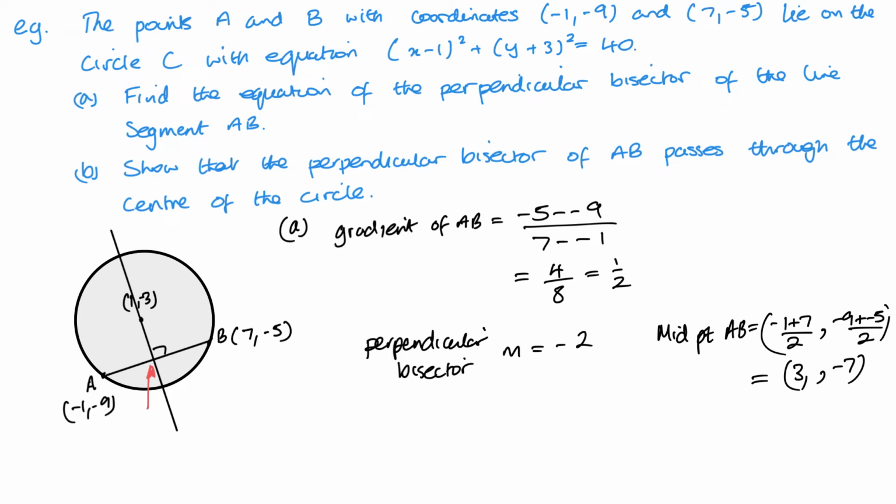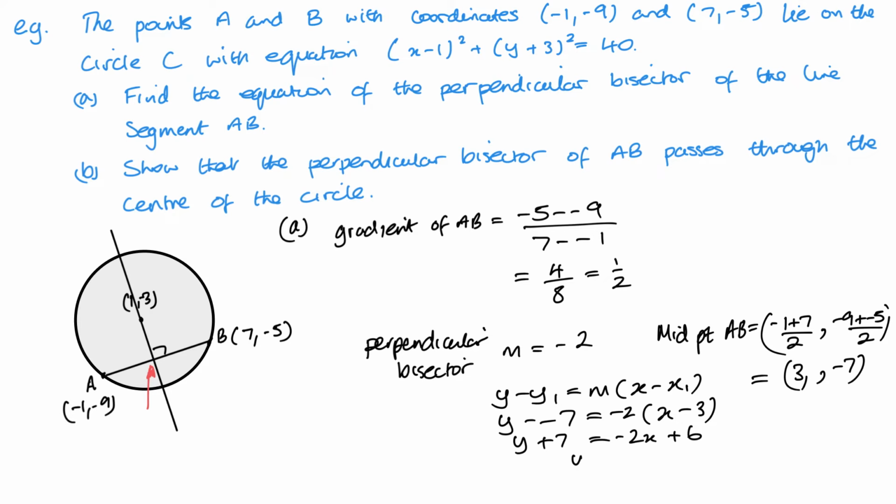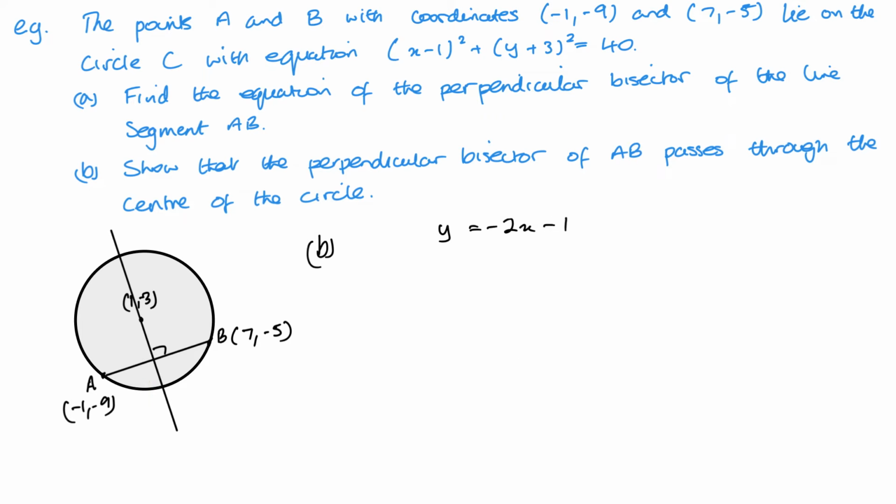Now that I have my midpoint, which is 3, minus 7, I can use my y minus y1 equals m(x minus x1) or y equals mx plus c to find the equation of this straight line. And that leaves me with y equals minus 2x minus 1.